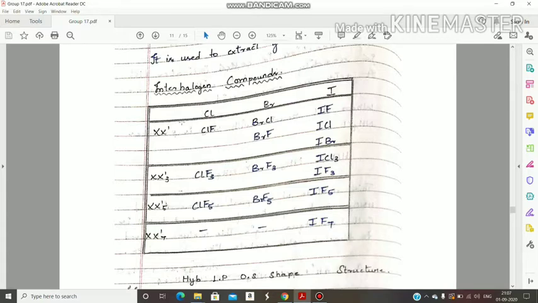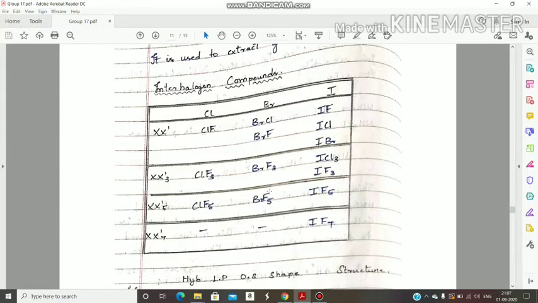For example, take chlorine. This chlorine can form ClF, ClF3, ClF5. It cannot form ClF7. Similarly, bromine can form BrCl, BrF in this category, BrF3 in this category, and BrF5 in this category.